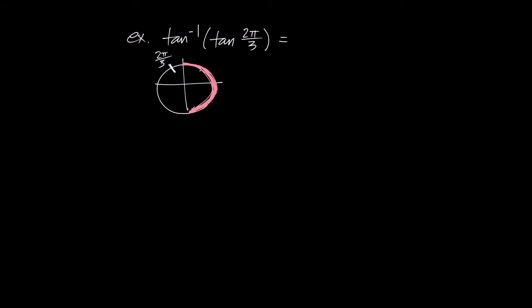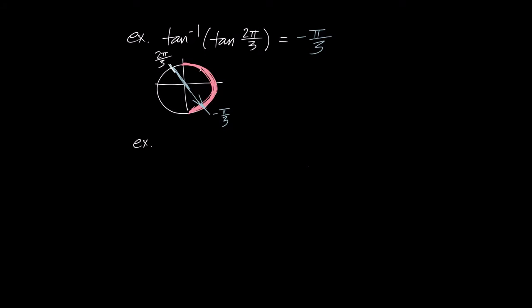Tangent is negative at 2 pi over 3, so I need a quadrant that will give us a negative tangent value. The way you do this one is you take this and go diagonally across to this angle right here, which is negative pi over 3. So the answer is negative pi over 3.